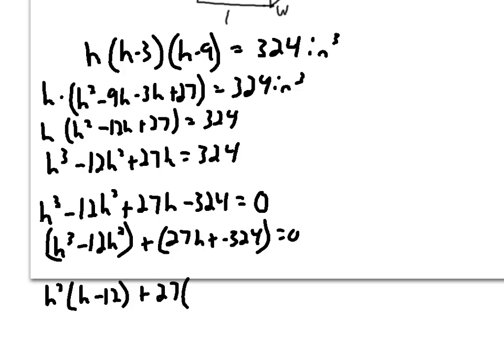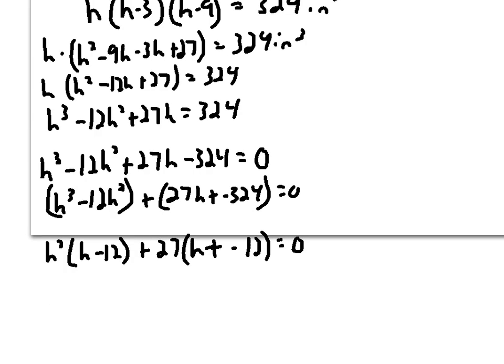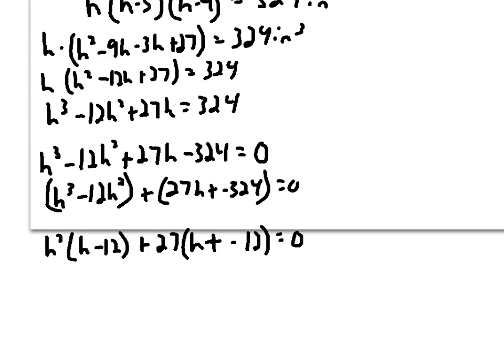And 27 times h gives me 27h plus negative. And 27 goes into 324 12 times. Okay, so we got the same factor on the inside. That's a good thing.